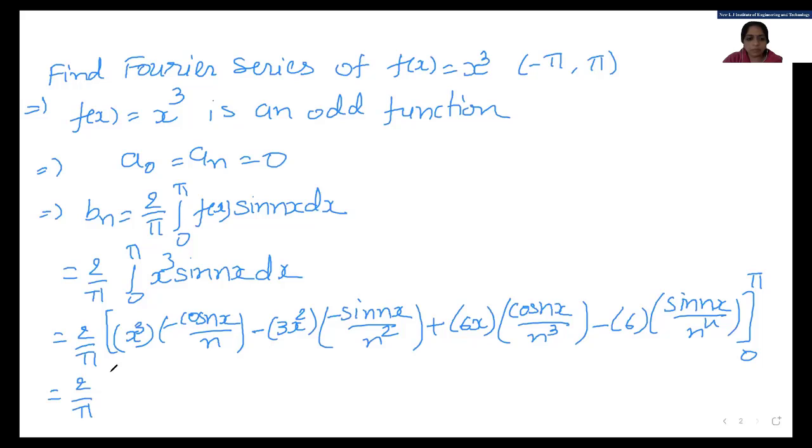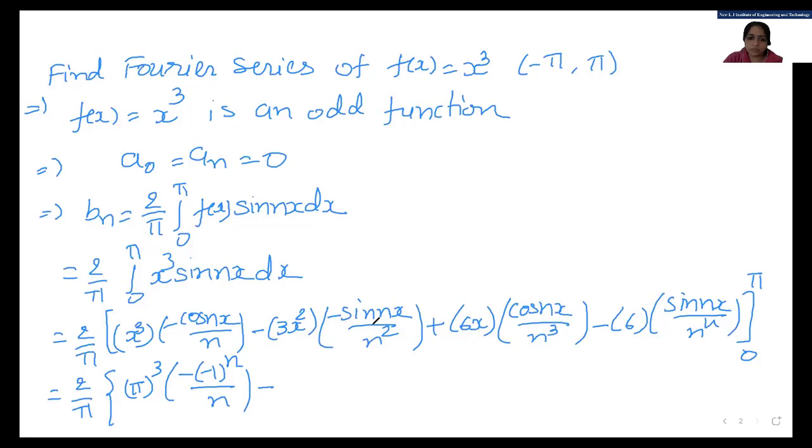2 by pi. So if we apply the upper limit, for x cube we have pi cube times minus cos n pi. The value of cos n pi is minus 1 raised to n, so minus 1 raised to n upon n.